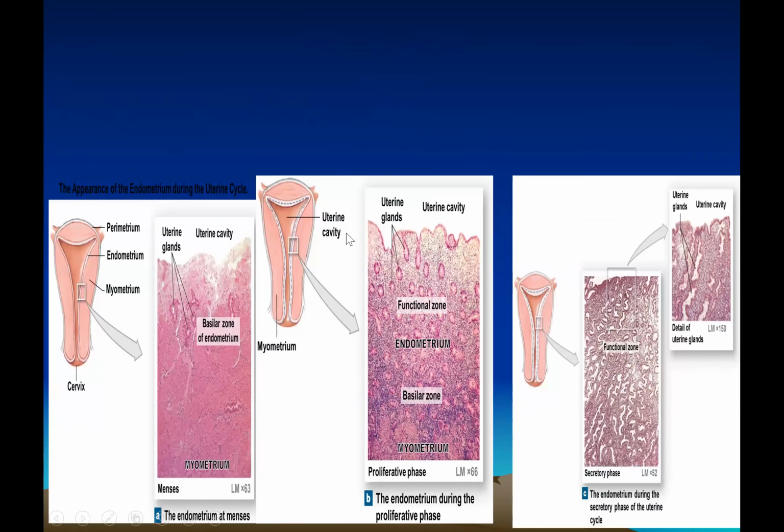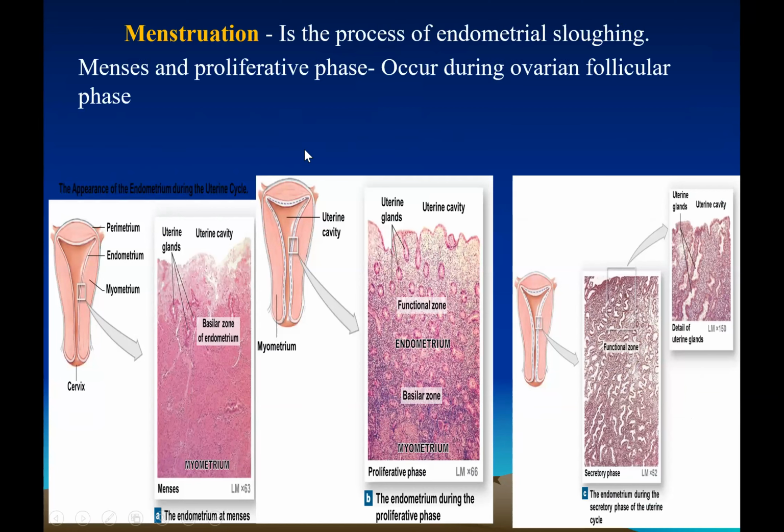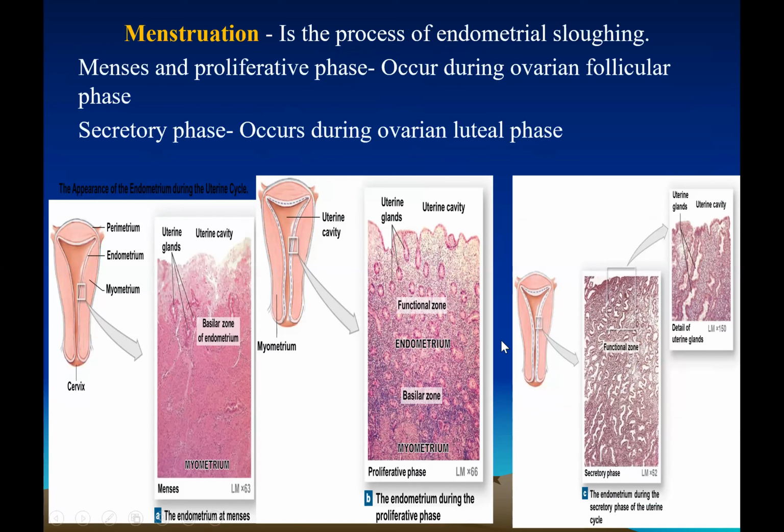If fertilization does not happen, our body will enter the menstrual cycle. This is the sloughing off of the endometrium, or the inside wall of the uterus. You can see there are many phases.